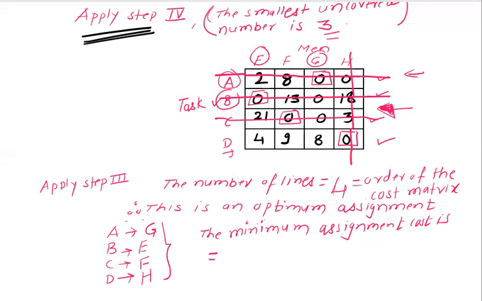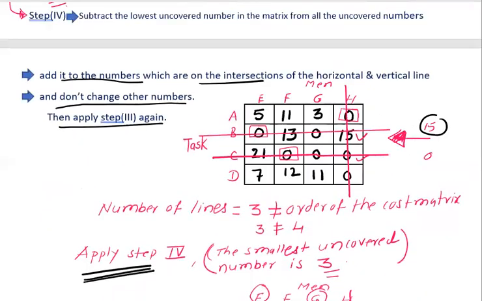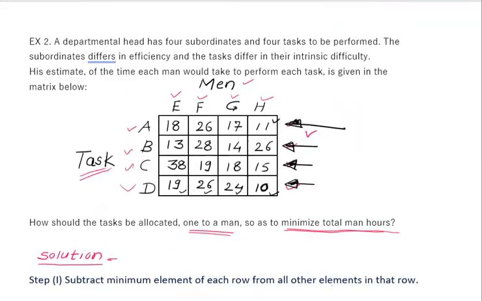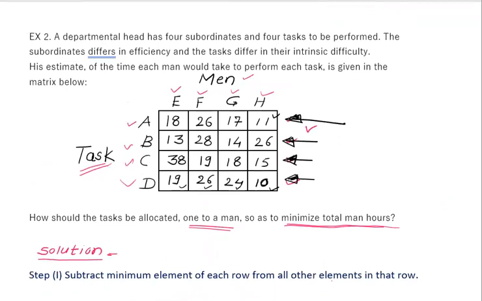What is C13? In the original matrix, job A is assigned to the person G and the cost of assignment is 17. C13 is 17.